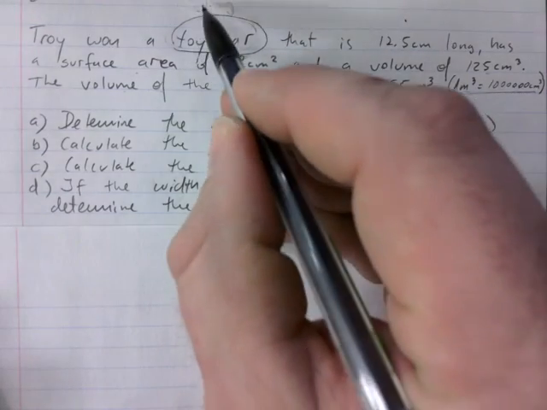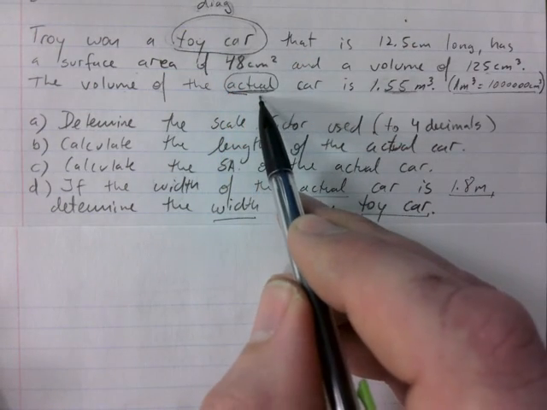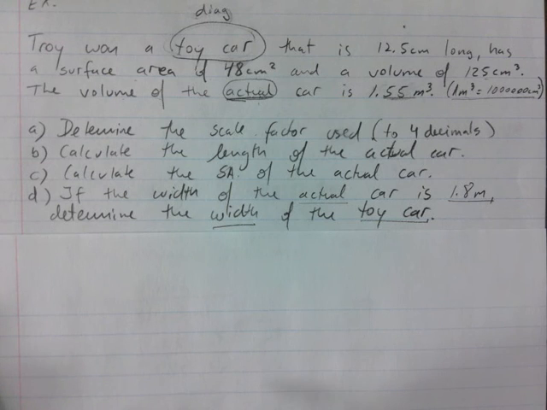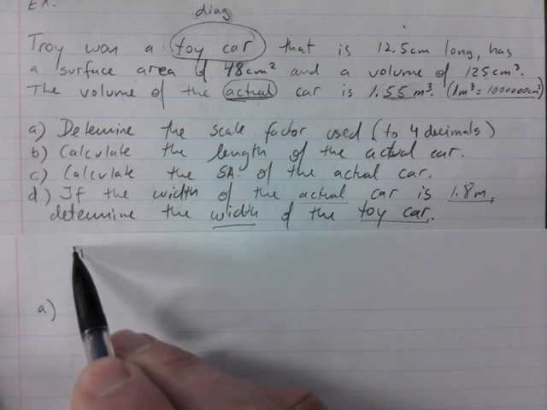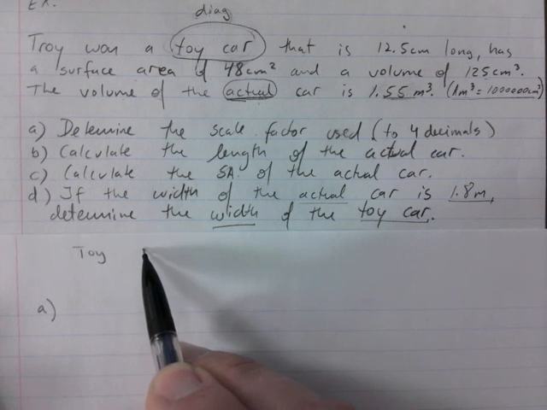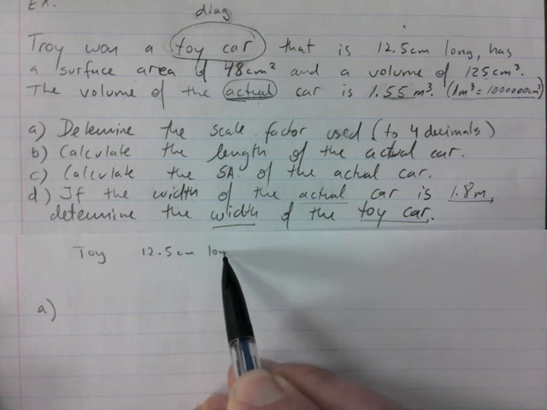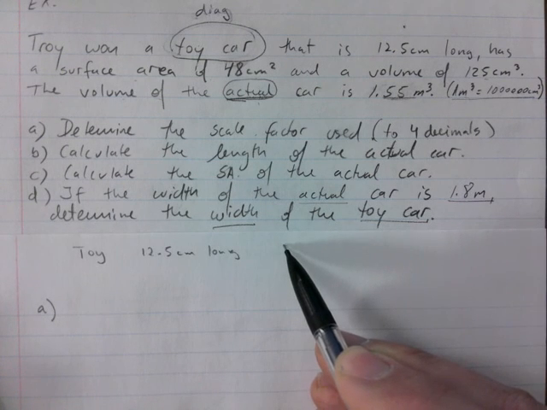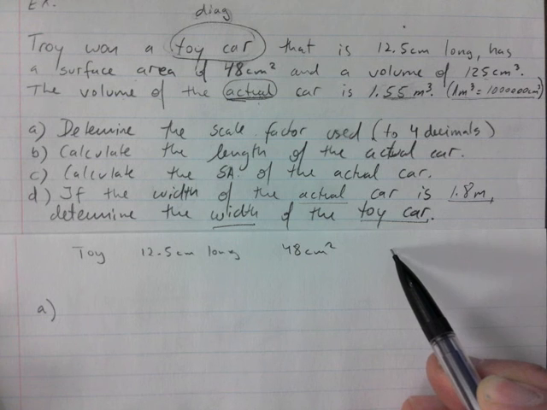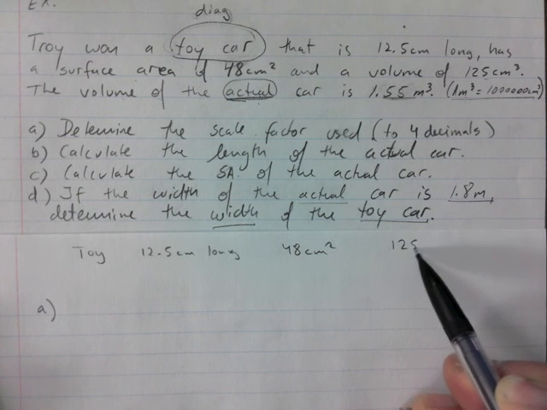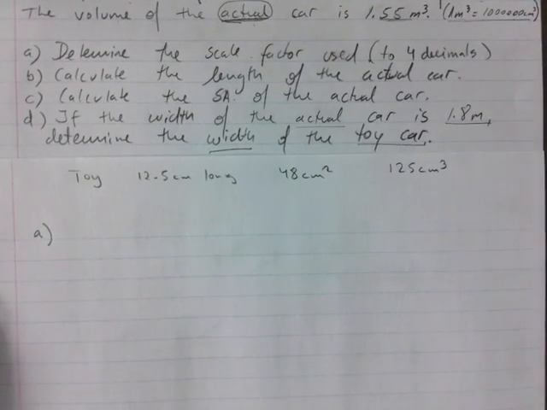I'm going to see the toy as a diagram, and the actual obviously stays actual. So A, let's look at this. Toy, we have this long, a surface area of 48 centimeters squared, and they give me a volume of 125 centimeters cubed for the toy.